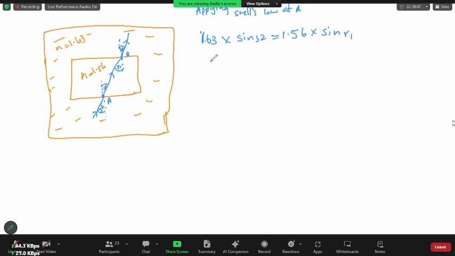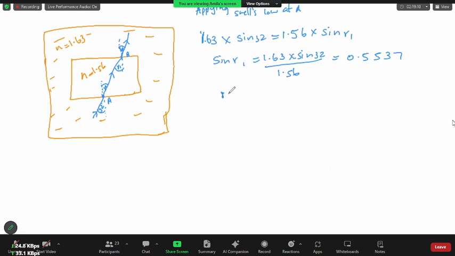By simplifying, you can take sine R1 as 1.63 into sine 32 divided by 1.56, which once you calculate is nearly 0.5537, right?